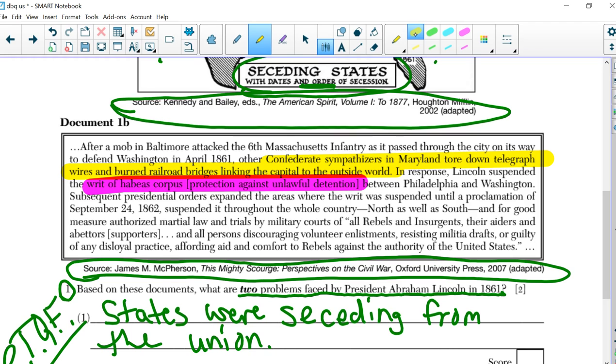And for good measure, authorized martial law and trials by military court of, in quotes, all rebels and insurgents, their aiders and abettors, which means supporters, and all persons discouraging volunteer enlistments, resisting militia drafts, or guilty of any disloyal practice, affording aid and comfort to rebels against the authority of the United States.